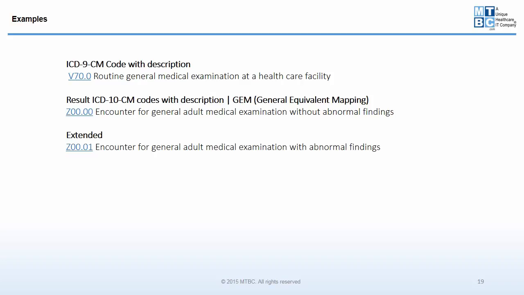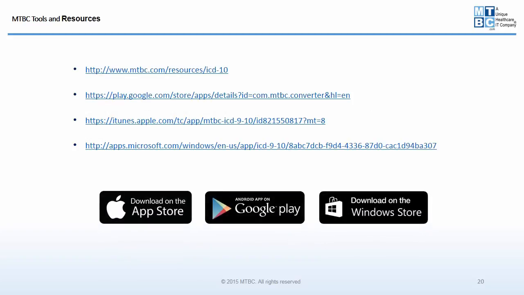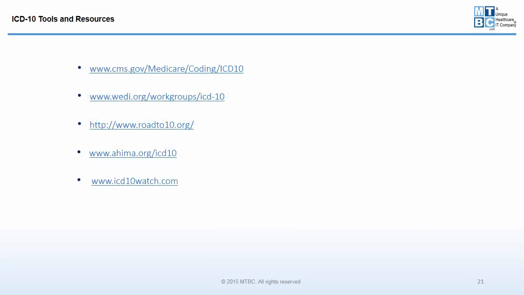That's very important. So here are some tools and resources that MTBC does have. These are some websites, the actual website that you can go to. You should have it on your slides, so you can always utilize those resources. And then here are some ICD-10 tools and resources, especially for Medicare.